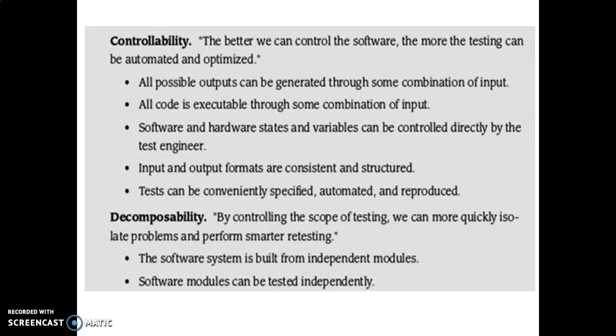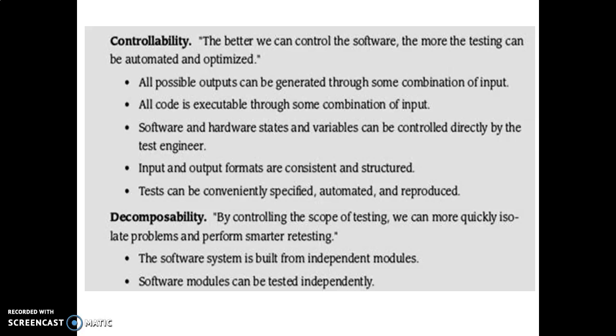So all possible output can be generated through some combination of input. All code is executable through some combination of input. Software and hardware states and variables can be controlled directly by the test engineer. Input and output formats are consistent and structured. Tests can be conveniently specified, automated, and reproduced.